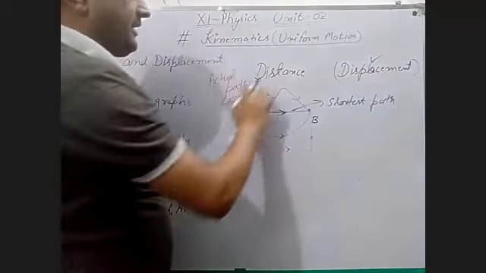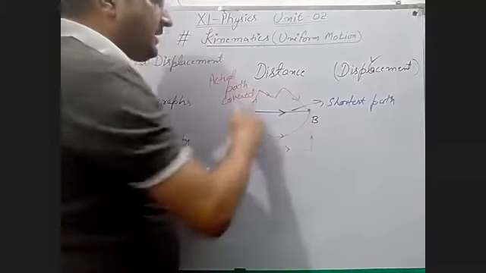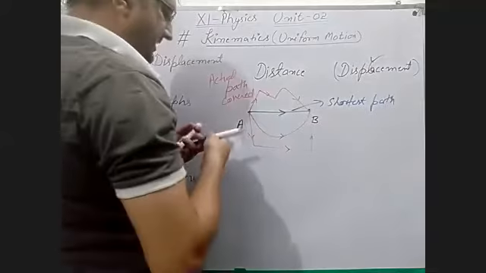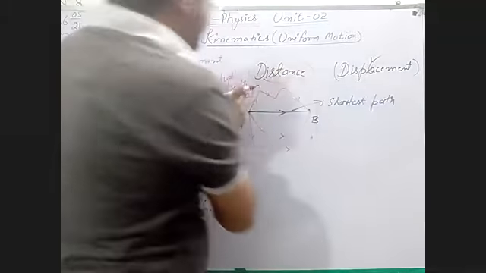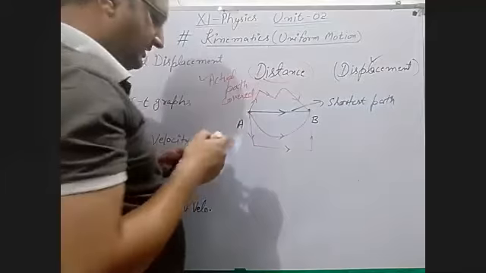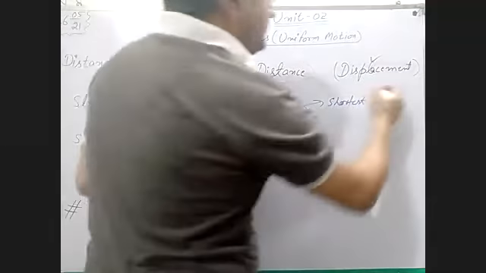All other paths are called distance. The difference is that this is the actual path and this one is the shortest path.